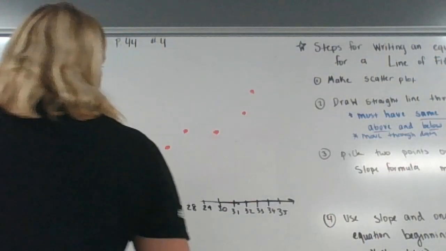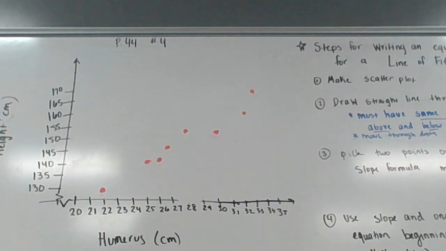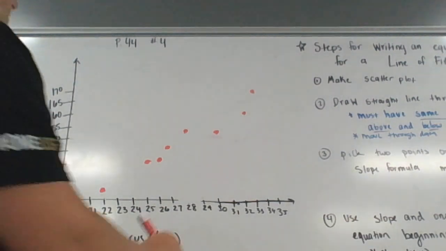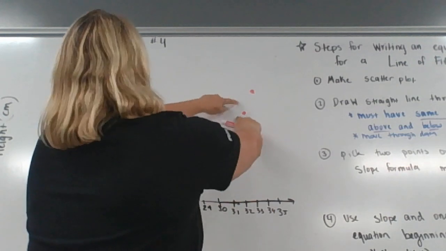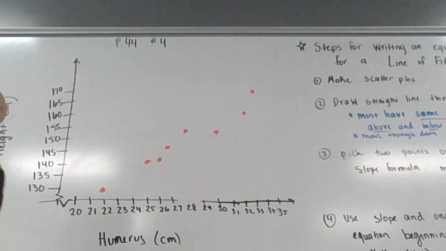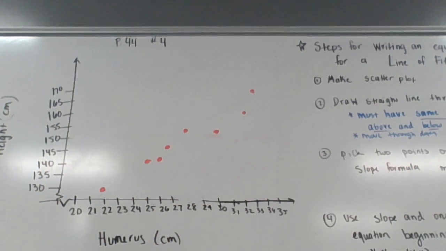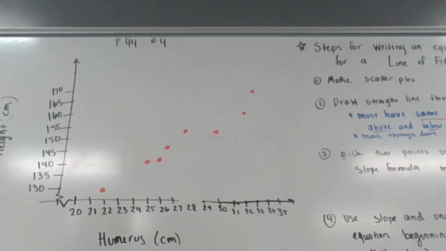Okay, and 27, 123. All right, that's my scatter plot.